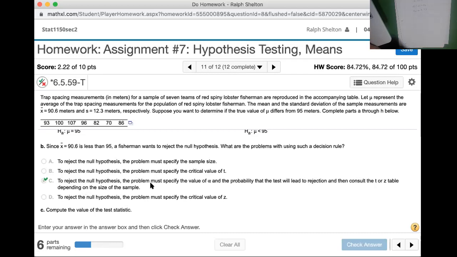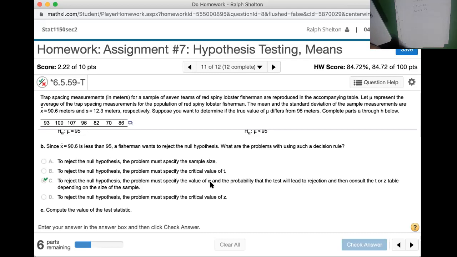To reject it, you got to specify what significance level you're testing at, because you can reject it at one significance level, but at another significance level, you might not be able to reject it. So rejection depends on which significance level you're talking about. That's very important. So you have to specify that. And that significance level gives you the probability that a test would lead to rejection. That's what that significance level is.